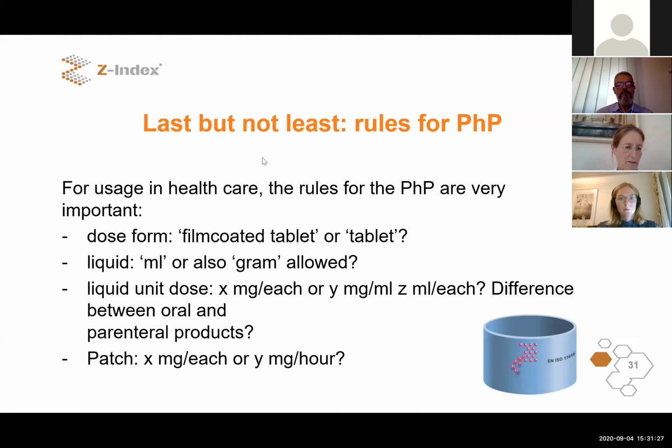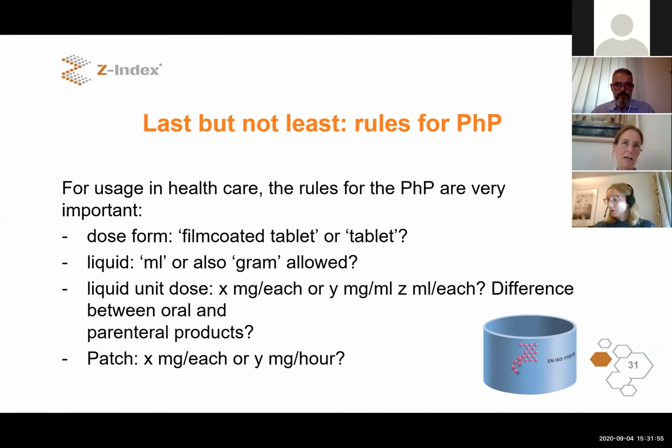And another thing is, for example, you have a liquid. Is the unit of presentation milliliter, or is gram also allowed? For the prescriber, he thinks it is a liquid, so he expects milliliter and not gram. And for example, for a liquid in unit dose, is it expressed as X milligram per each, per sachet or per pre-filled syringe?